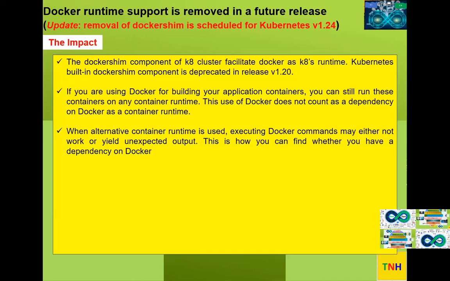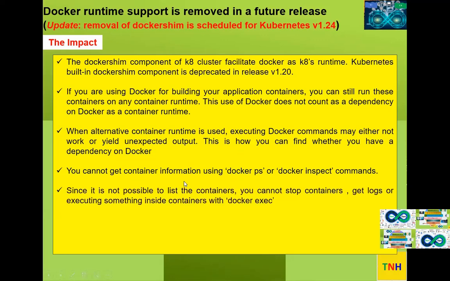This is how you can find whether you have a dependency on Docker. You cannot get container information using docker ps or docker inspect commands, because those utilities came with the Docker ecosystem. Now that Docker is taken away, we don't have those utilities. We have to use containerd or whatever container runtime features to get that information.